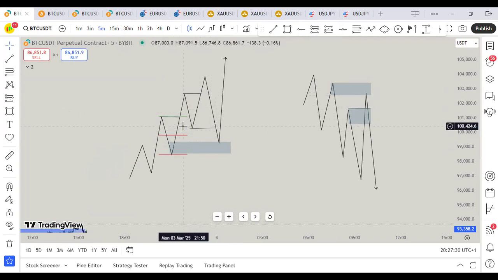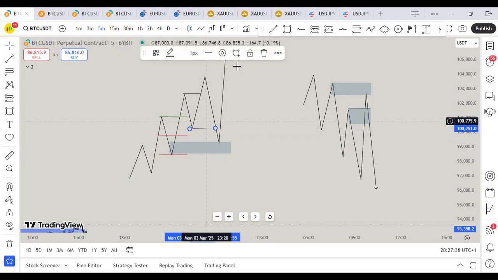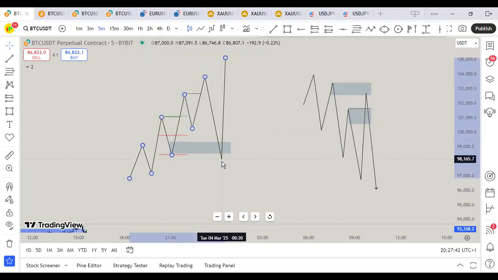The break of structure 2 low is your liquidity, your trap, your inducement. So if you are trying to take a trade and you could not spot any liquidity, it means you are the liquidity before the market makes the main move.